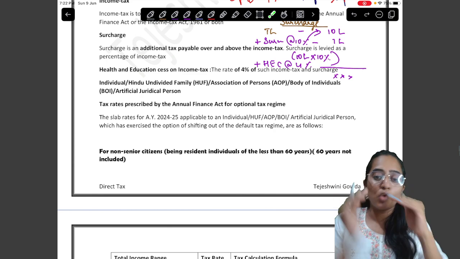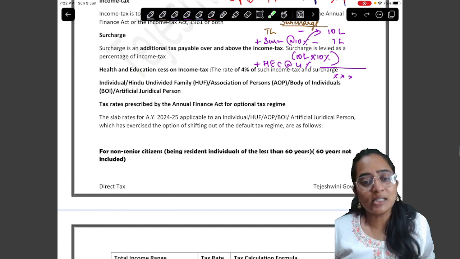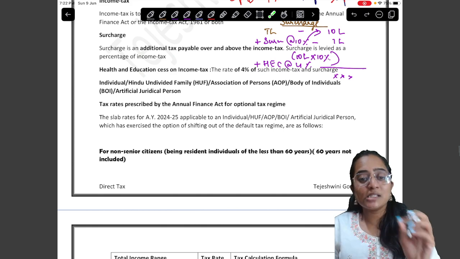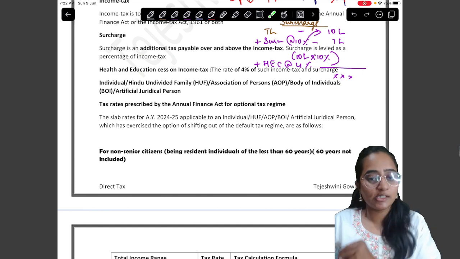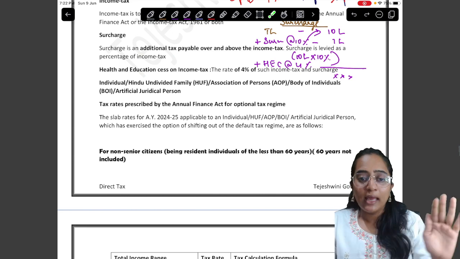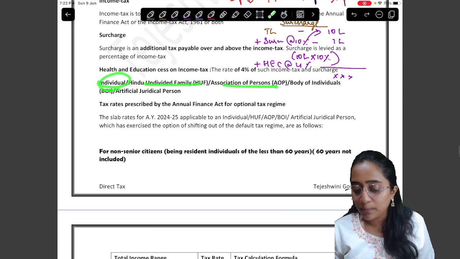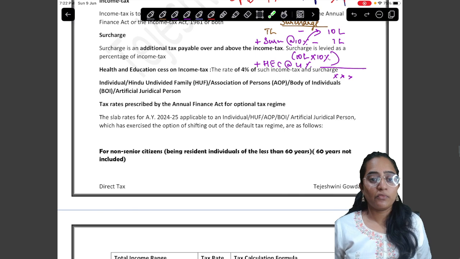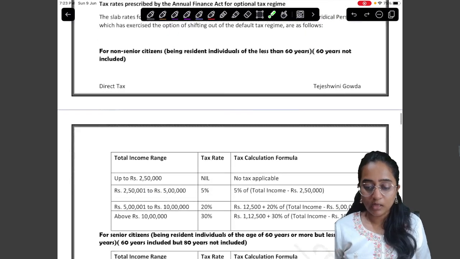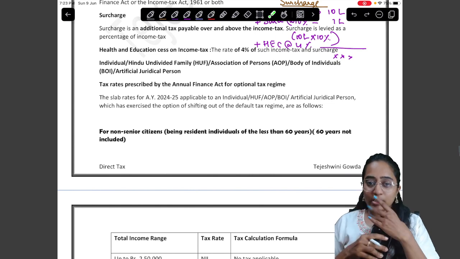That is, one in case of normal provisions and another in case of the concessional tax rate, which is also called the default tax regime, which comes under section 115BAC. You can select this or that based on the eligibility. Simple. Individuals, HUF, AOP, BOI and AJP can opt for these things. Simple. Everyone. See, try to understand about the individual tax rates and the tax applicability for the finance.